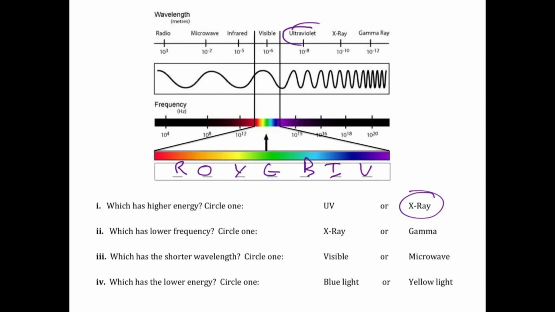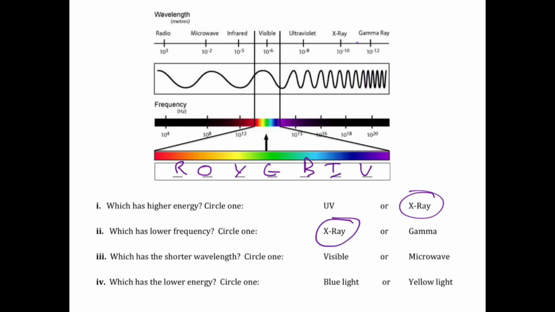Which one has a lower frequency between X-ray and gamma ray? Well, notice how this is high frequency here. So if this is high frequency, then X-rays are going to have a lower frequency.